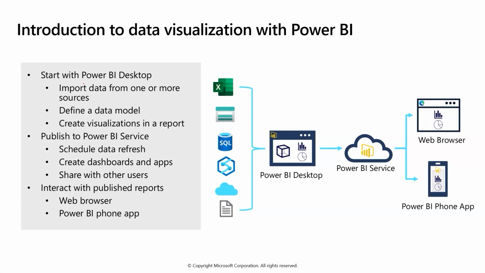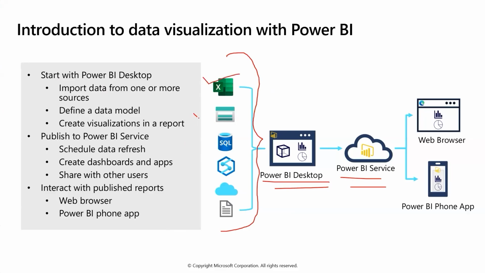So Power BI basically consists of two major components. One is the desktop version and the second one is the cloud-based version. And now for what will you use the desktop version? So Power BI desktop will be used basically to gather the input. As you can see here, my input is coming from multiple data sources.